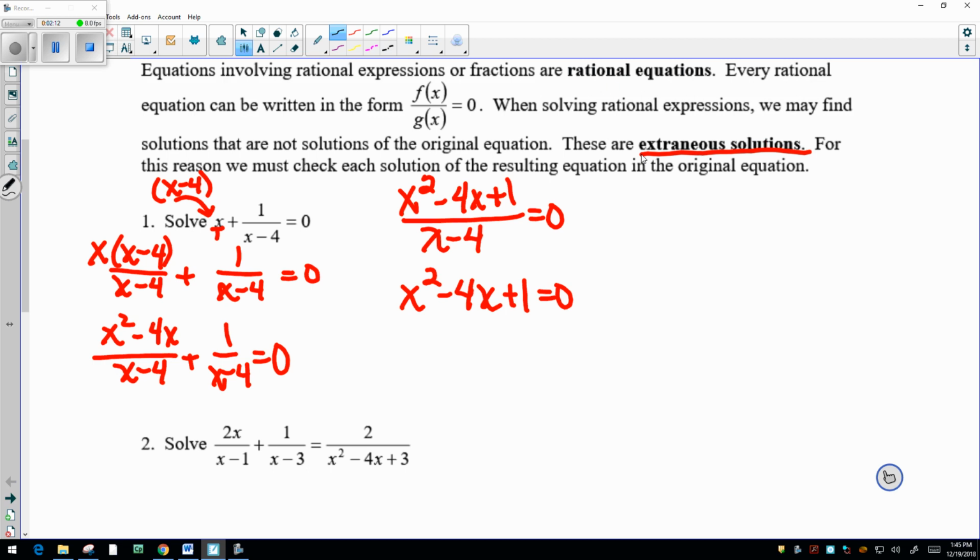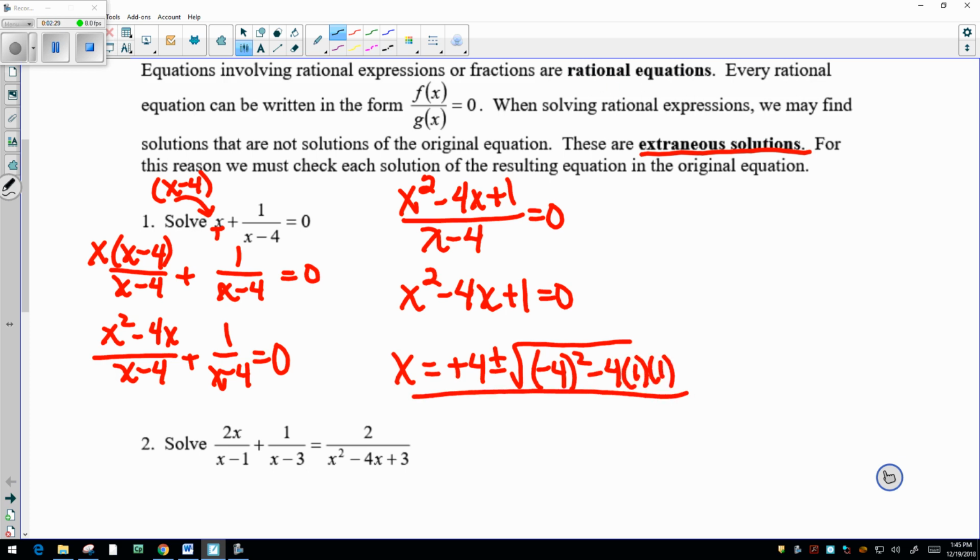And in order to do this, we're going to have to use the quadratic formula. So if I plug this in, I'm going to have negative b plus and minus the square root of b squared minus 4ac, all over 2a. And if we simplify that down, we're going to find that x is equal to 4 plus and minus the square root of 12, over 2.